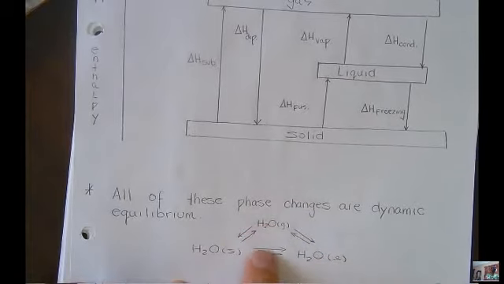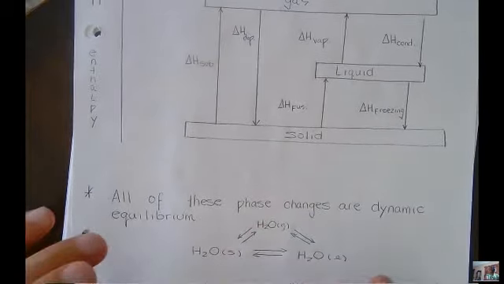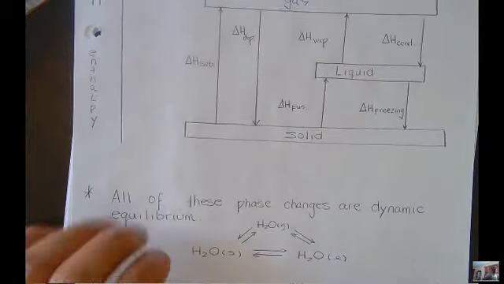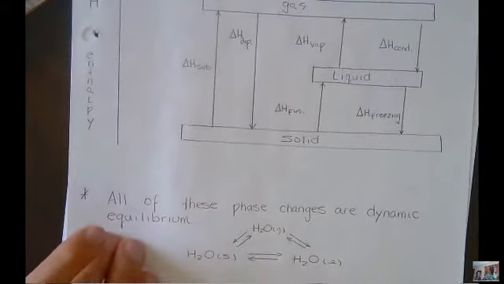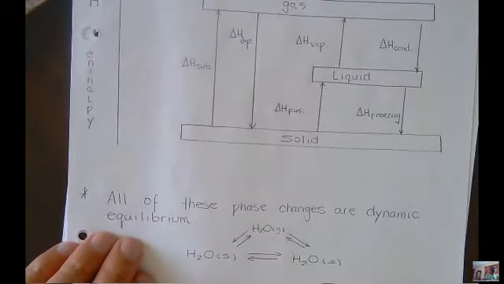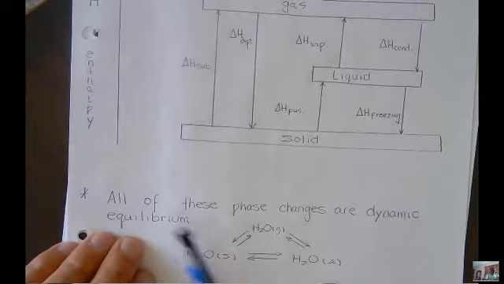These 3 processes are happening, but they're all happening at an equivalent rate. So the amounts of each substance would be the same. That's what happens a lot in chemistry. Looks like nothing's going on, but really a lot is going on behind the scenes, but the net change is 0. That's called the dynamic equilibrium.